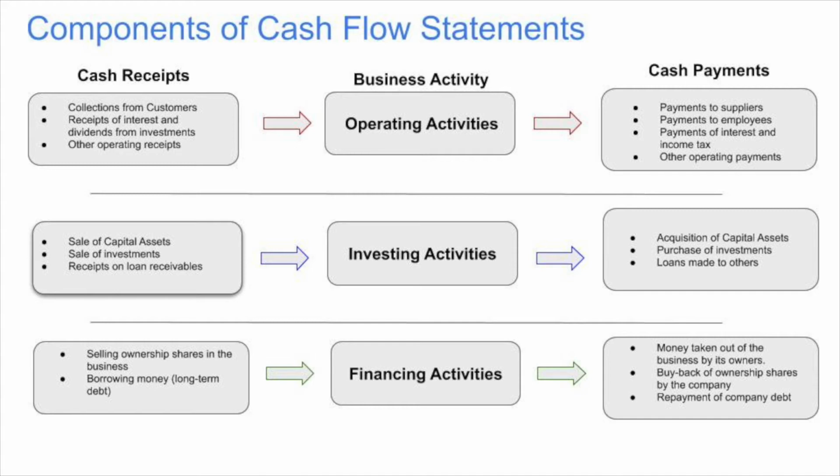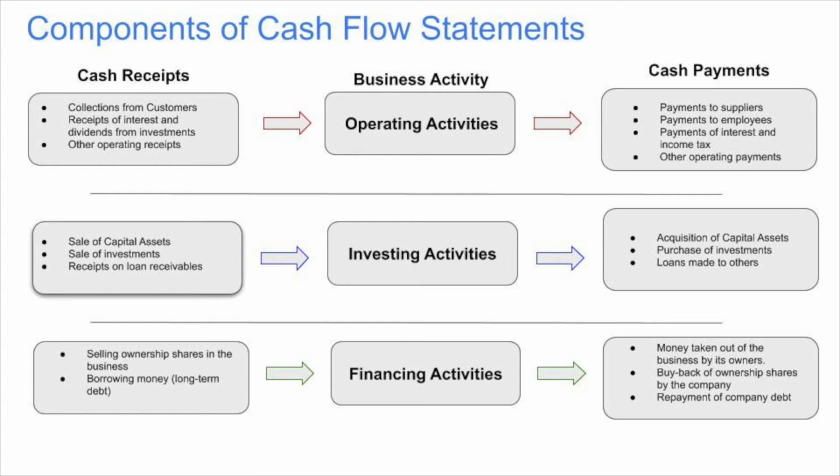So in terms of operating activities, collections from customers, receipts of interest or dividends from investments, or other operating receipts are all considered as operating activities, cash receipts in. In terms of cash payments and operating, payments to suppliers, to employees, to interest, to income tax, to operating payments, these are all ways that money gets spent or expended out of the business related to operations.